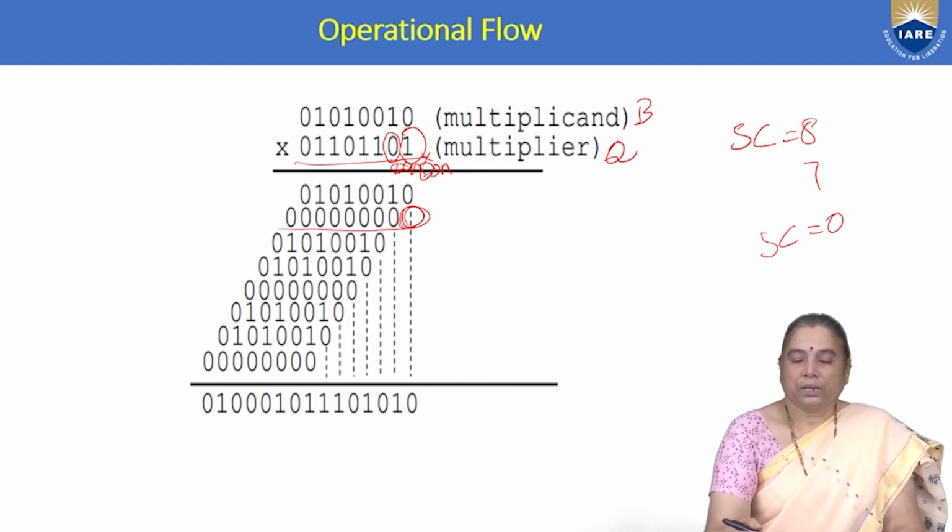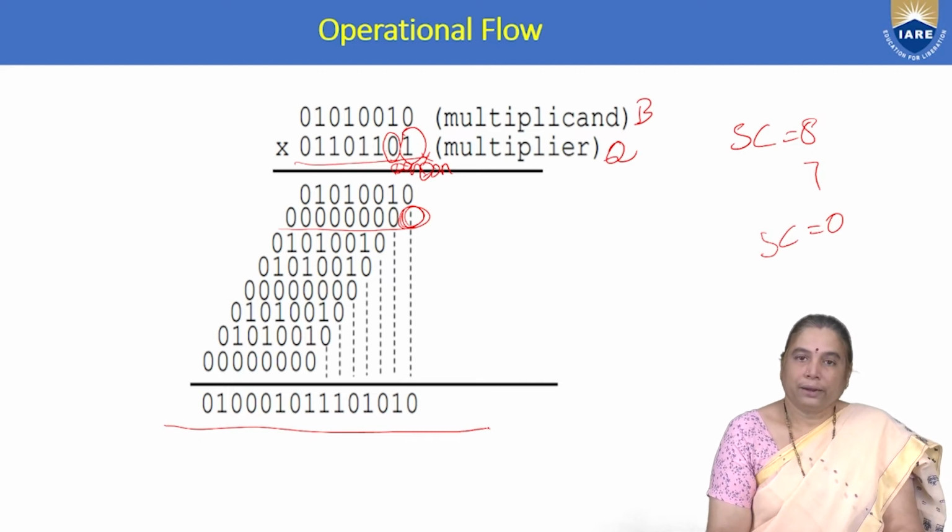The multiplication can be performed and partial products can be written. At the end, the addition is performed in order to find the product of the multiplicand and the multiplier. So this is the flow of operations carried out during the binary multiplication.